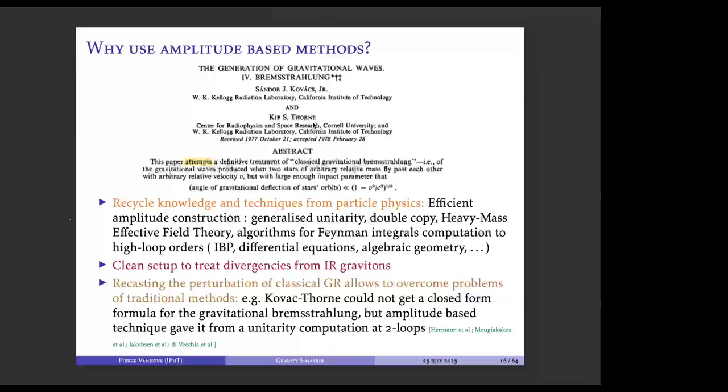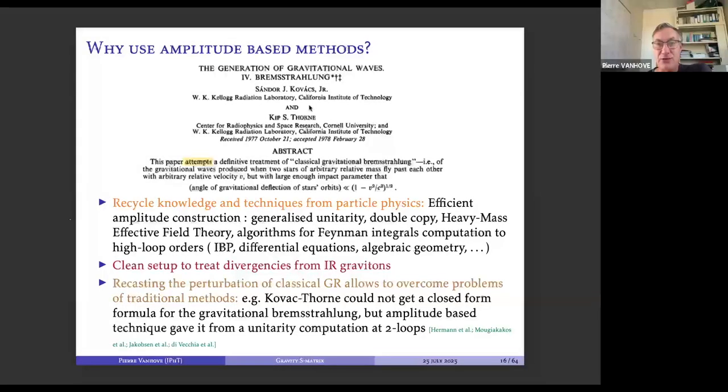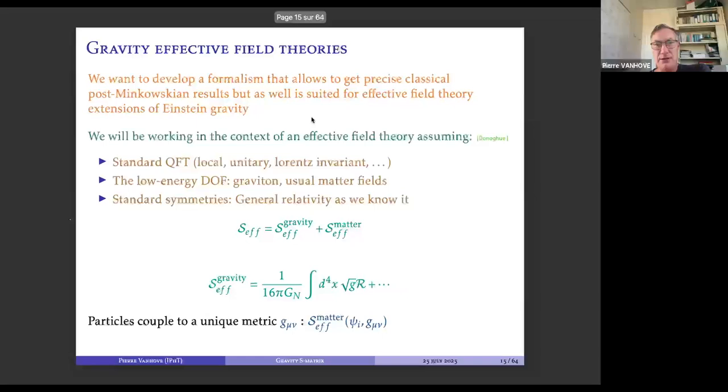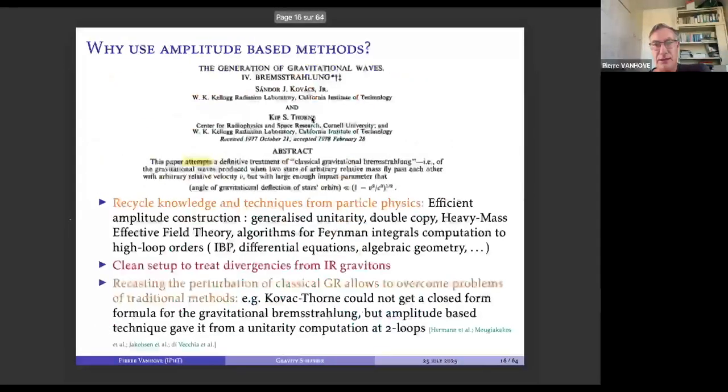Okay, thanks. So in that same paper by Kovacs and Thorne, they say that this paper in 78 attempts the definitive treatment of the classical gravitational Bremsstrahlung, the gravitational radiation produced by two stars of arbitrary relative mass when they pass each other with arbitrary relative velocity.